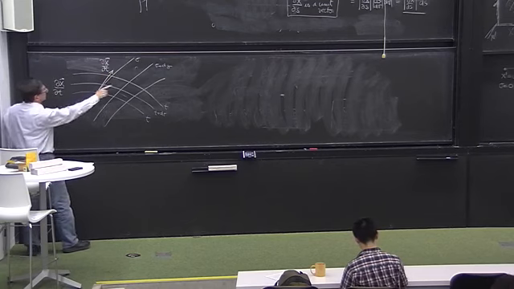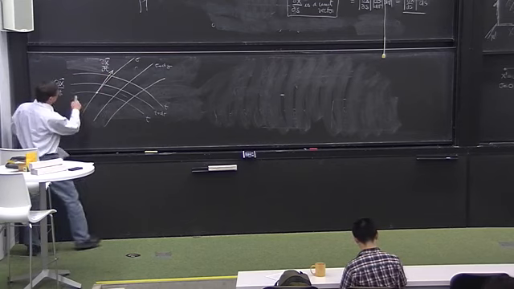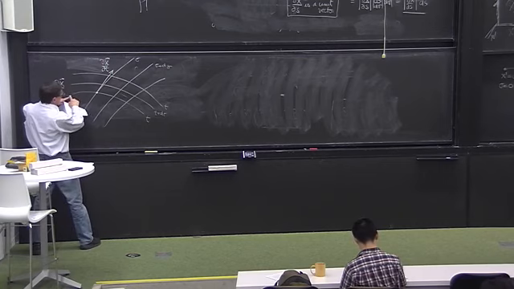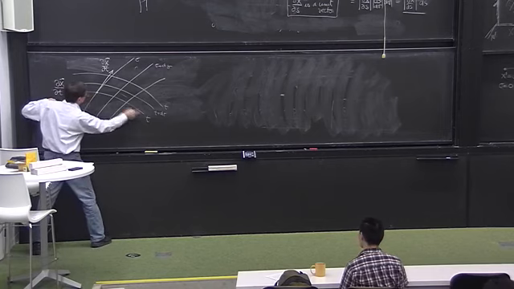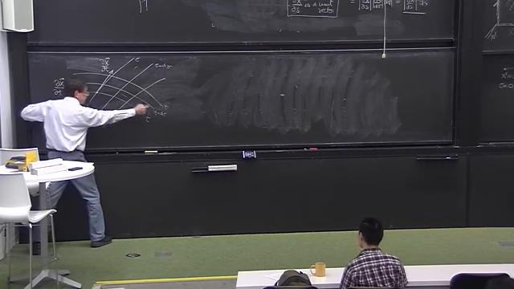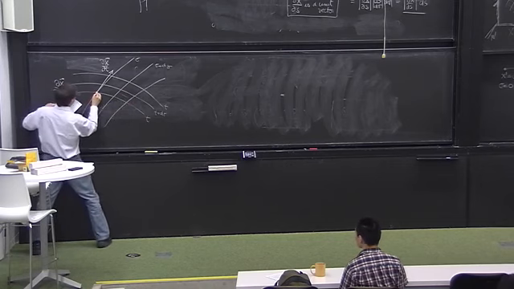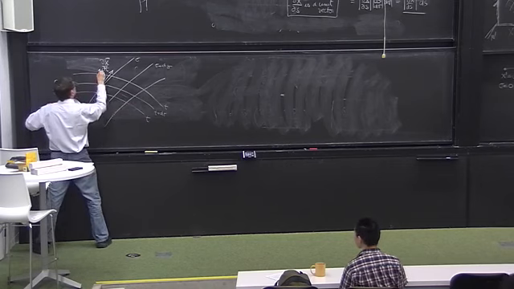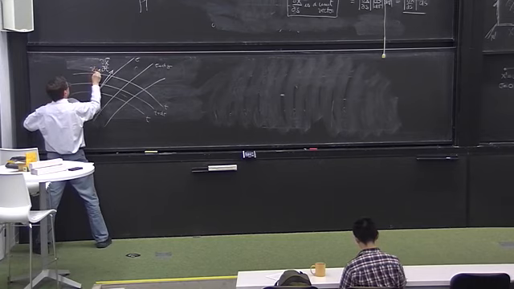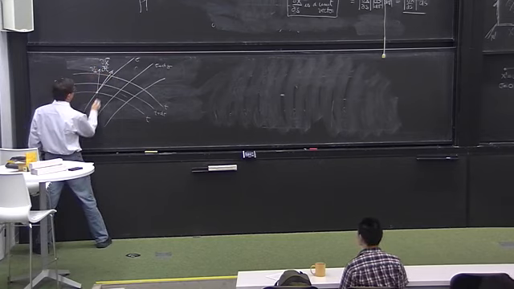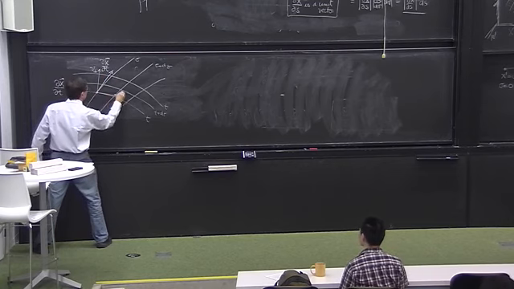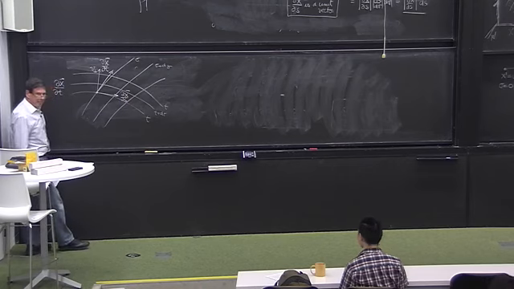But the perpendicular velocity is the velocity assuming that this point P moves perpendicular to the string at this time. This is the string at this time, the string at a later time. So the perpendicular velocity, v perp, is the component of this perpendicular to the string. And here you have the unit vector dx/ds.